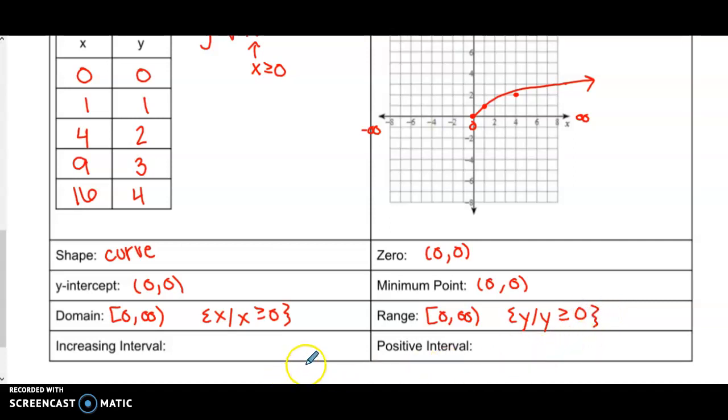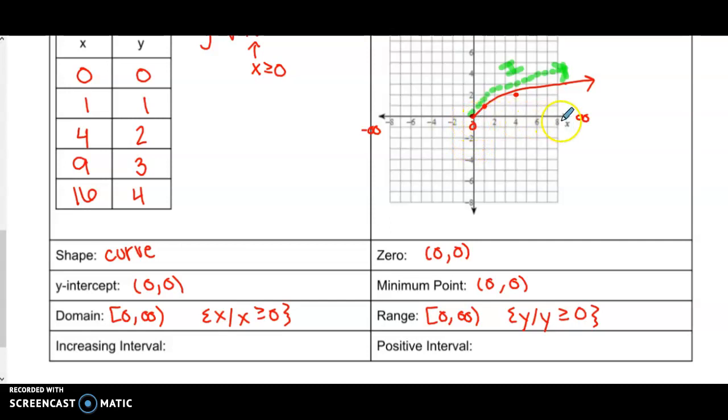All right, and then we have increasing interval. Notice there's no decreasing interval because when I trace this, as I start tracing it, notice that I'm only going up. All right, so that's increasing the whole entire time. All right, so we're starting at 0.